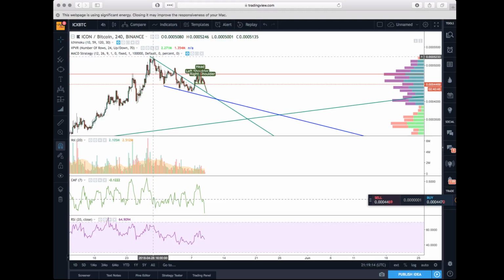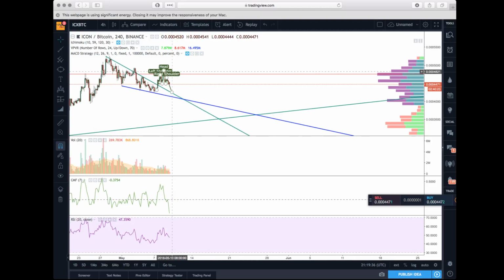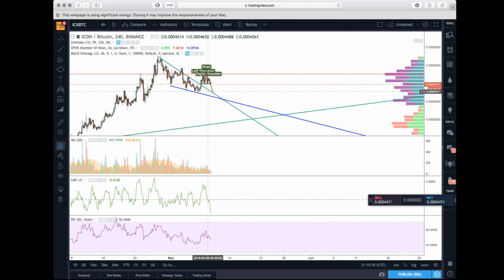So once you had this point and this point, you could draw a little line there. And once you had this point and this point, you could draw a ray there. Now you can see actually I used this point because I just felt that that was a fake out, and I was drawing this on a higher time frame originally, drawing that line on the daily.